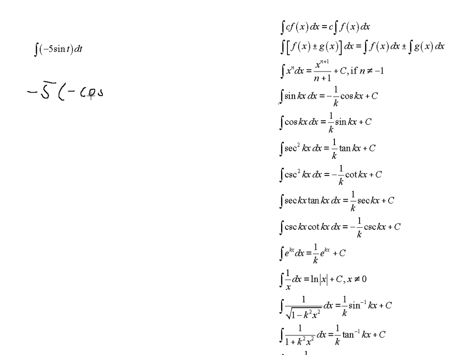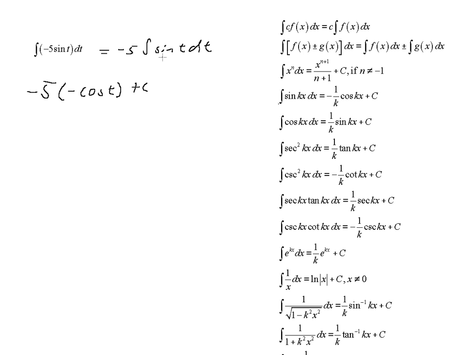What was I going to say about this? Oh, notice that we can just use that property of bringing the constant out in front really quick. So we have sine of t dt. This is the question you should always ask yourself when you're taking an indefinite integral: what function's derivative is the sine of t?